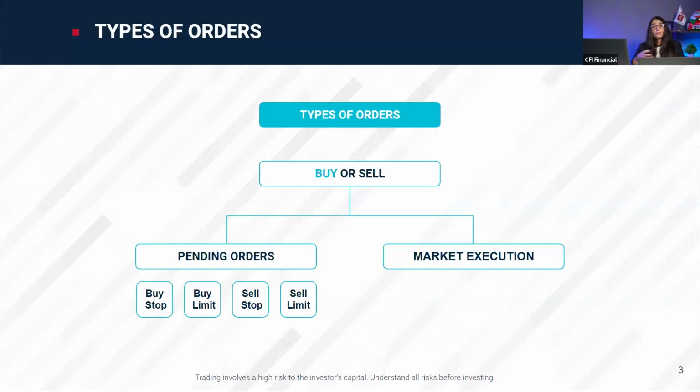The other way is using pending orders, where I'm placing buy and sell orders that are set to be executed at a predetermined price in the future rather than the current market price. And we have four types of pending orders, which are buy stop, buy limit, sell stop, and sell limit. And we're gonna discuss each one in the next slide.